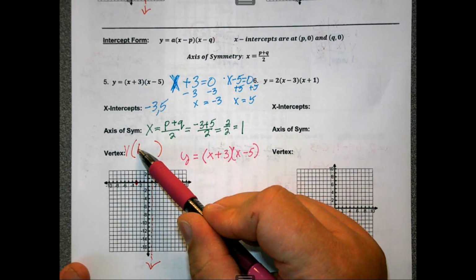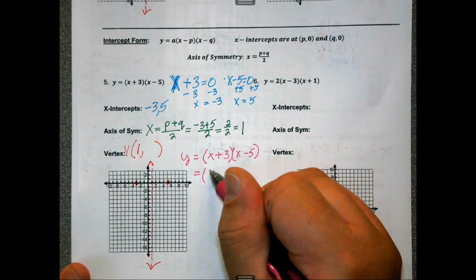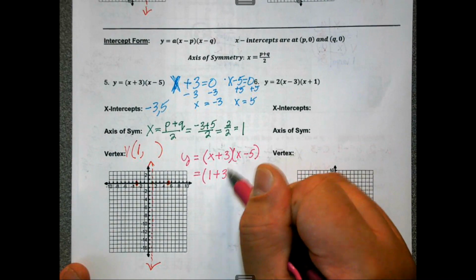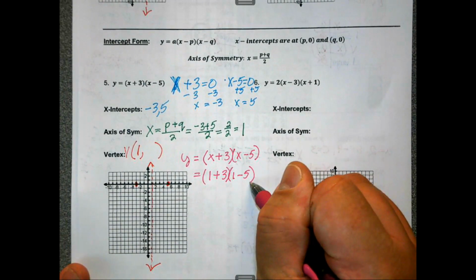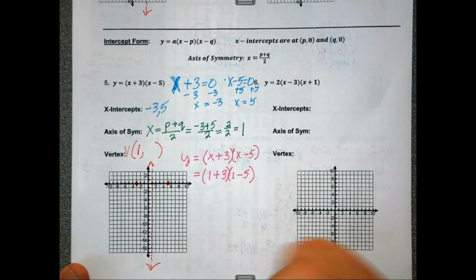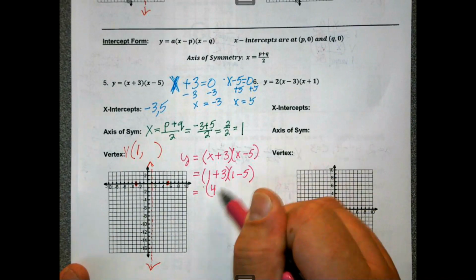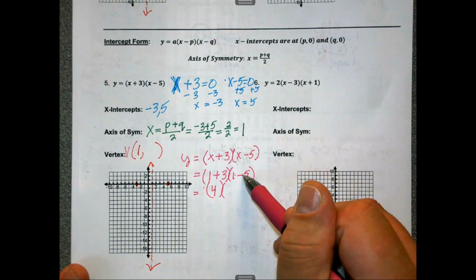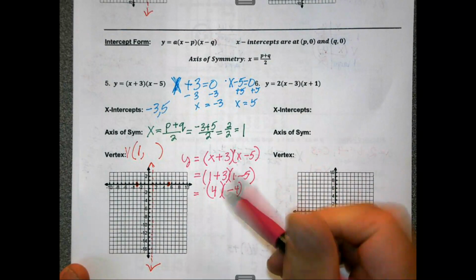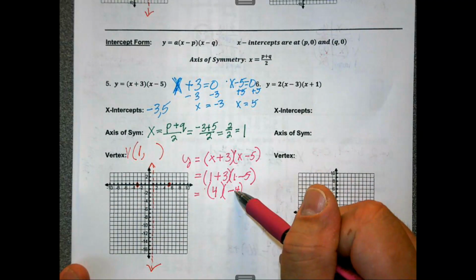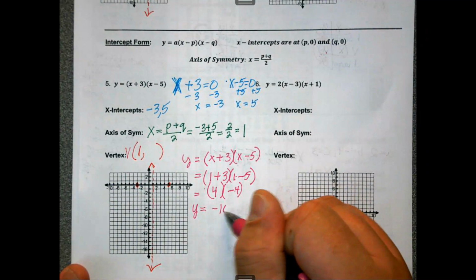Going to substitute in 1 for x. 1 plus 3, 1 minus 5. 1 plus 3, 4. 1 minus 5, negative 4. 4 times negative 4, negative 16.